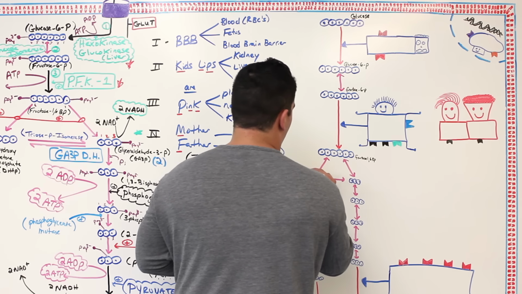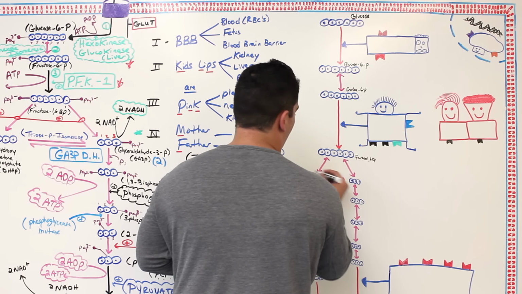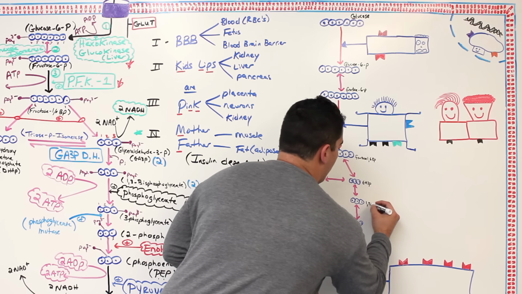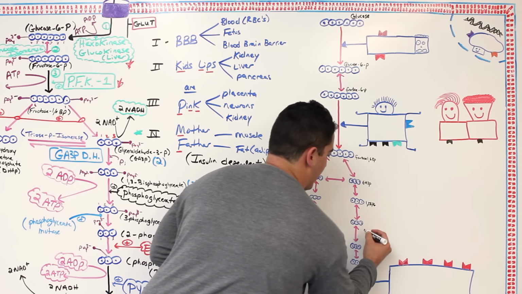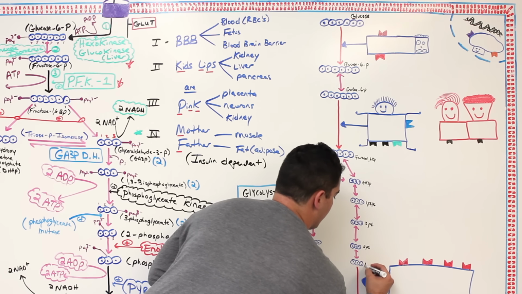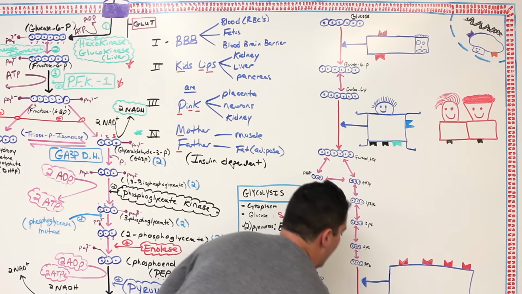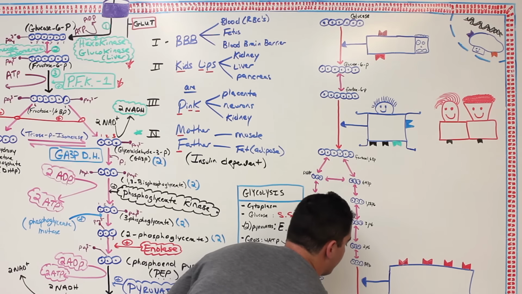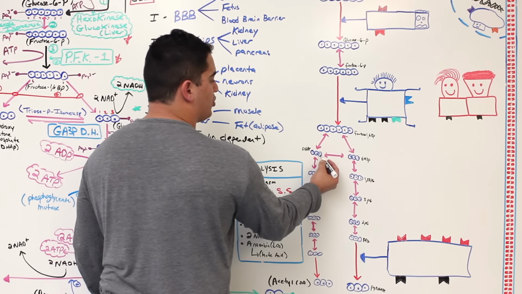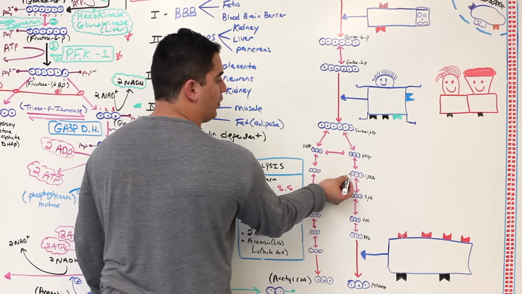Then after that, it went into fructose 1,6-bisphosphate. Then into dihydroxyacetone phosphate, glyceraldehyde 3-phosphate, 1,3-bisphosphoglycerate, 3-phosphoglycerate, 2-phosphoglycerate, PEP, and then pyruvate. And the same reaction is occurring over here, but I told you DHAP can't get converted into 1,3-BPG.